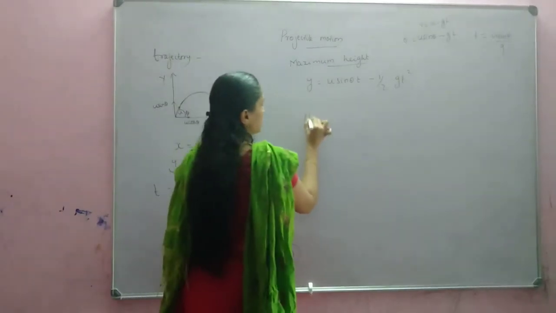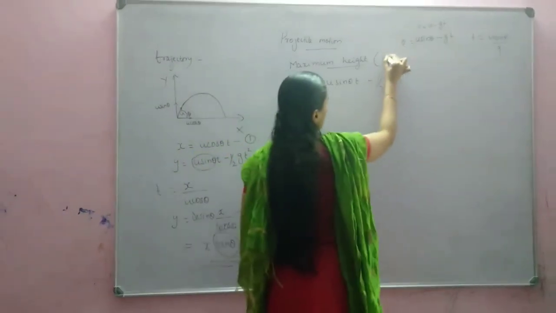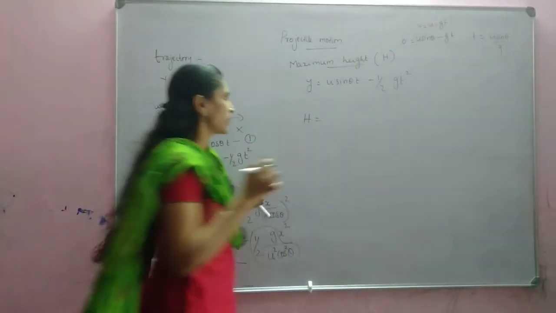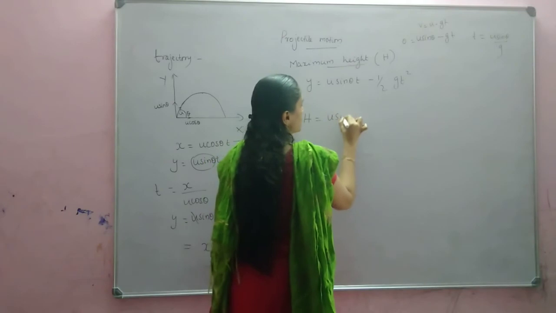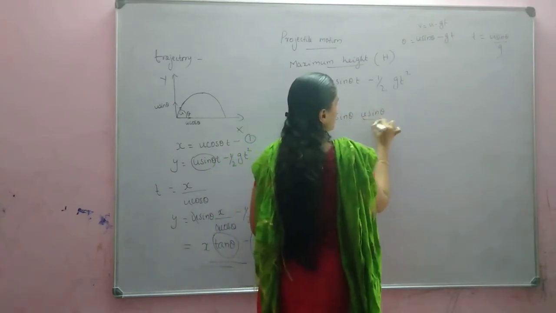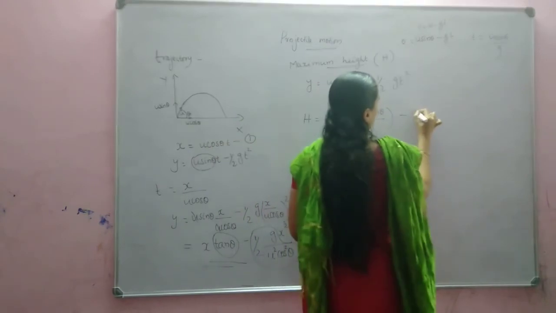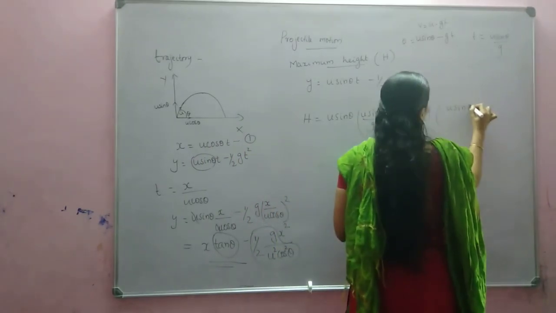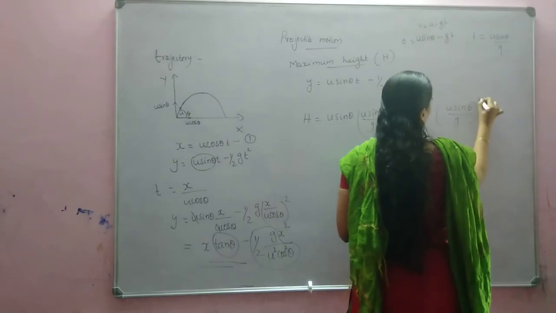So maximum height, if we write h. The time taken to reach the maximum height is u sin theta by g. So you can write u sin theta into u sin theta by g, minus half into g into (u sin theta by g) the whole square.